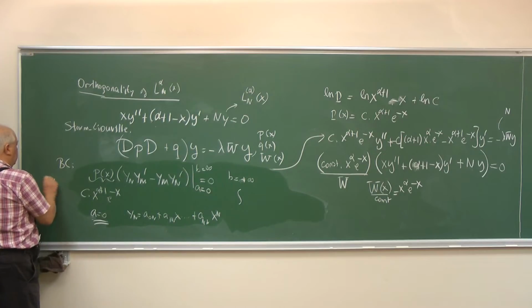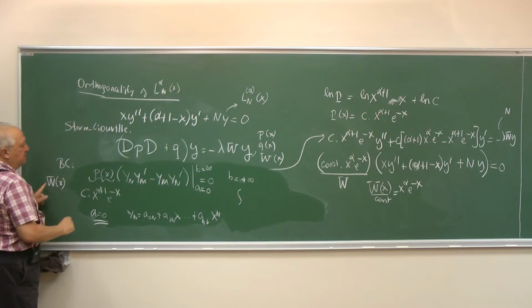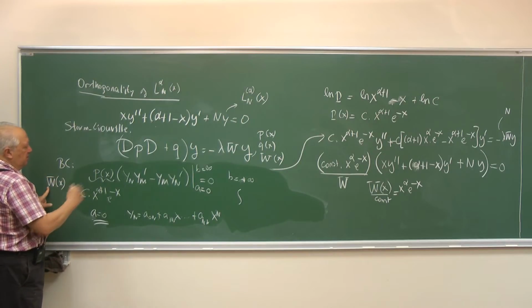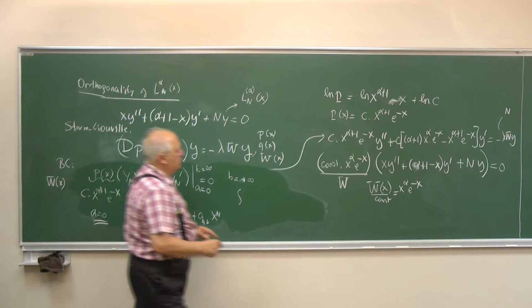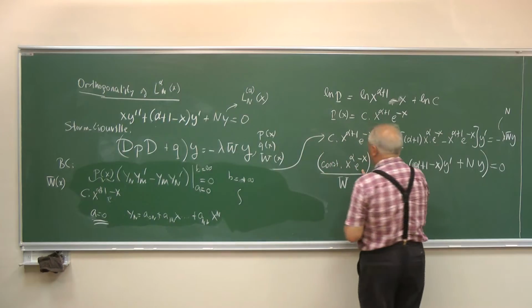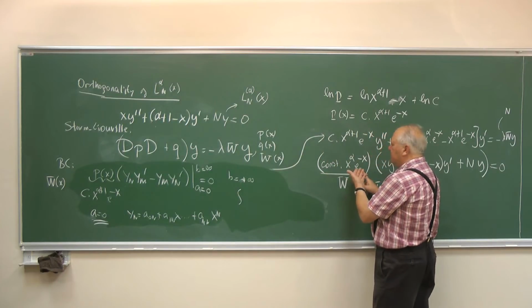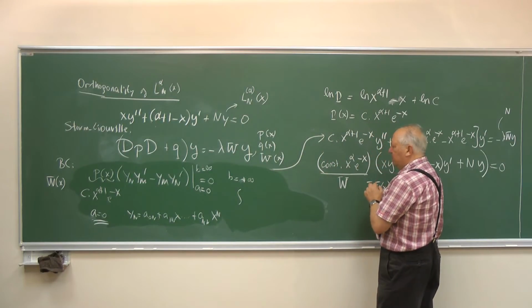W of x should not change sign between the limits a and b. So W of x is simply x to the alpha e to the minus x. This does not change sign between 0 and infinity.